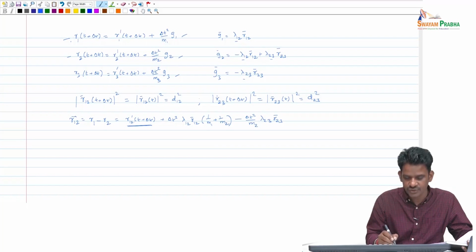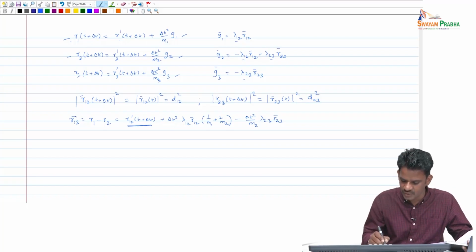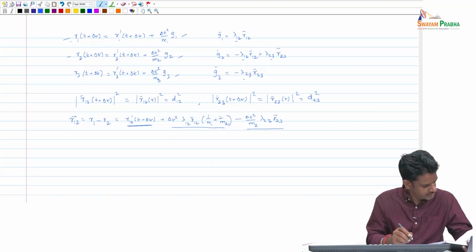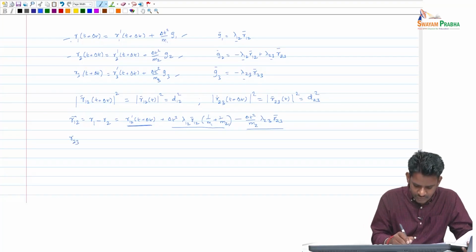This is as if there is no constraint force applied, and then you have these additional 2 terms which are functions of the Lagrangian multipliers lambda 12 and lambda 23. Similarly, you can also write for R23.